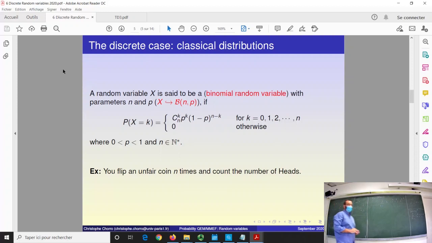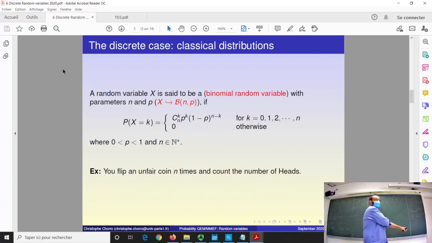In the summer list, I asked you to compute the sum of k C(n,k). We have done the job together. The idea was: I start from the relation that is the basis of the definition of a binomial, and I want to make the k appear. In order to make the k appear, I compute the derivative of this expression with respect to a.